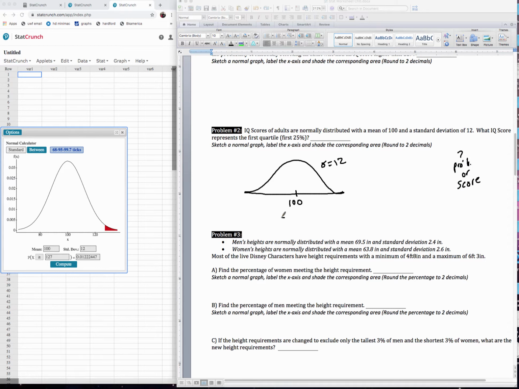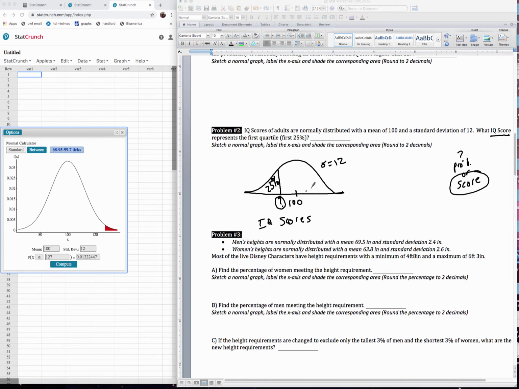Remember, scores are down here. These are your IQ scores. Probability is under here, or percent or area, however you want to look at it. So they're looking for an IQ score, a value down here for the first 25%, the first quartile. So they tell you this percent, and they're looking for that score right here.